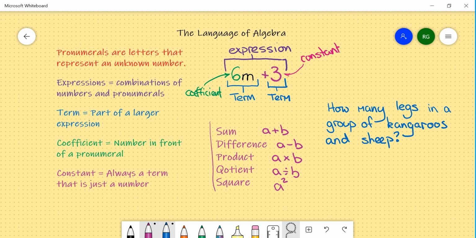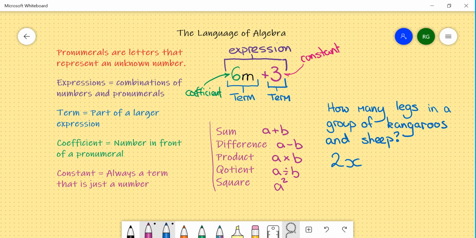So a little example that I've got over to the right is saying if I had a group of animals, kangaroos and sheep, how could I represent the number of legs in that group of animals? Well, if we give the number of kangaroos, and for this time we can call that X, we would say 2x represents the number of kangaroo legs, because if there was one kangaroo, it would be 2 multiplied by 1, which would be 2 legs.